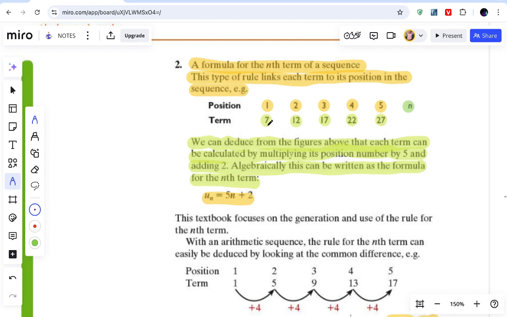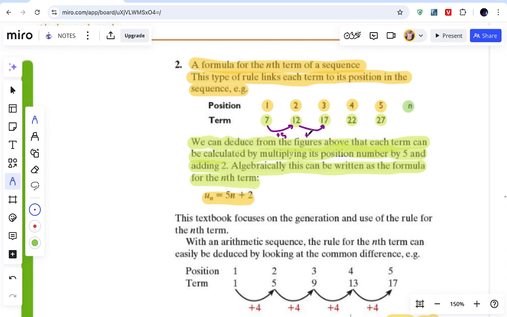So what we do is find the common difference, which is the difference between 12 and 7. So you say 12 minus 7 will give you 5. So we see that here is plus 5. You have to see whether it's the same. You cannot just do one and say, oh, the common difference is plus 5. 17 minus 12, also plus 5.